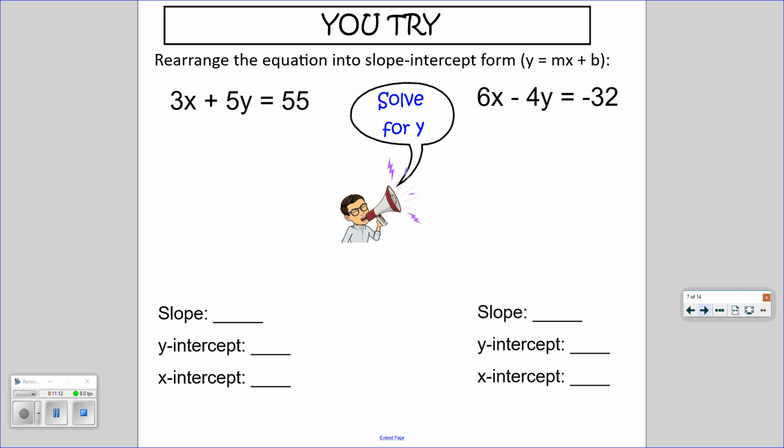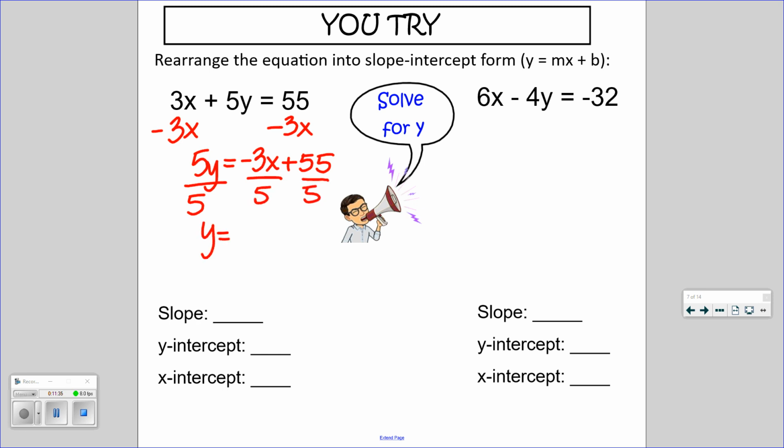Okay, if you still need more time, you can pause. But you can just move the 3 over. So we're going to subtract the 3x. So this is 5y is equal to negative 3x plus 55. And then divide every term by 5.